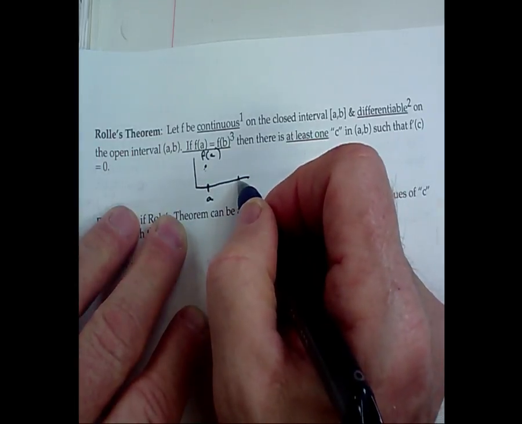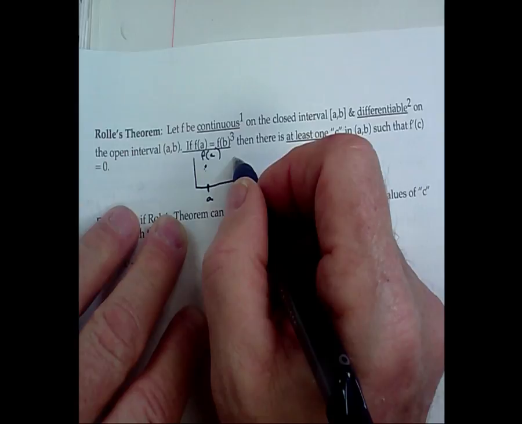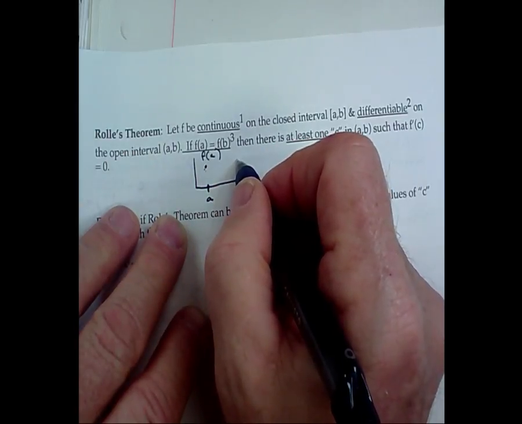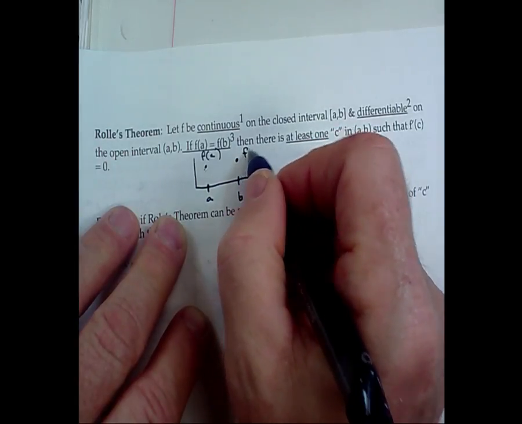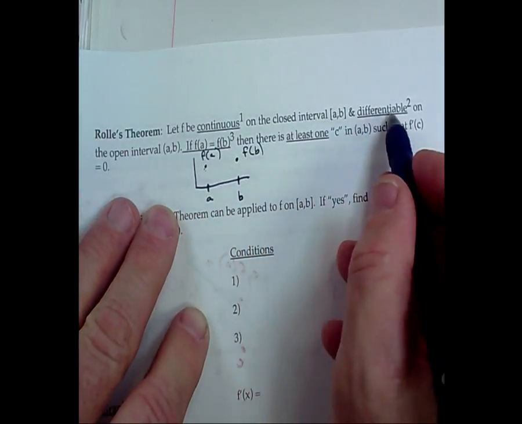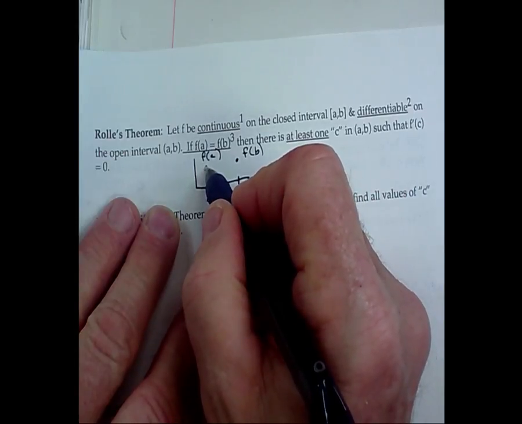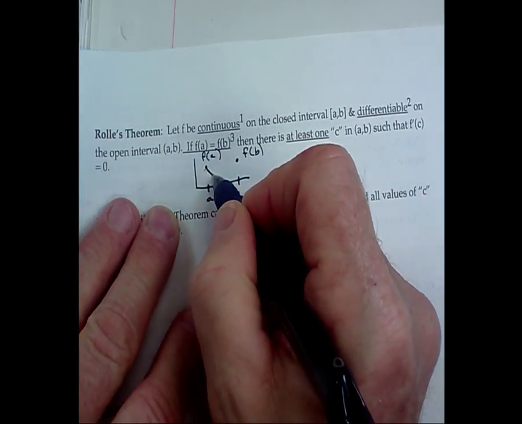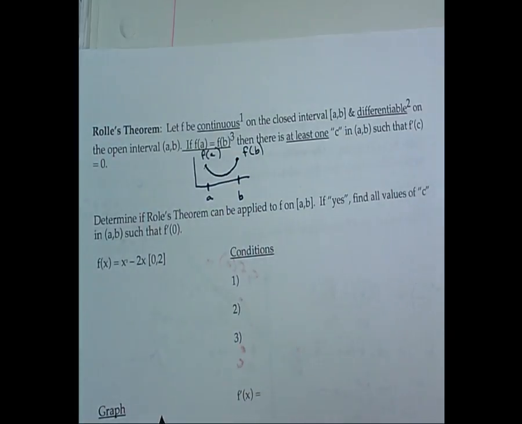It's got to be equal to f of B. Well, what does that mean about this y value right here? They got to be the same, correct? And it's got to be continuous and differentiable. Well, if it's differentiable, it's continuous, which Aiden would say, hey, it's got to be a smooth curve. So there's my smooth curve.